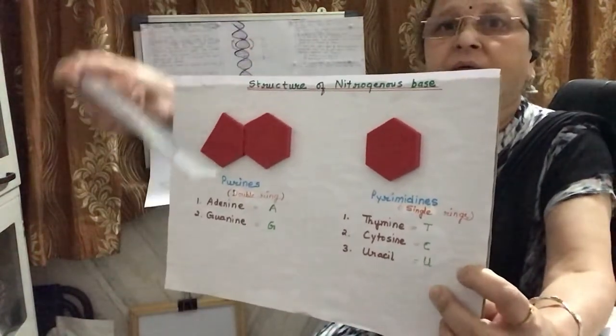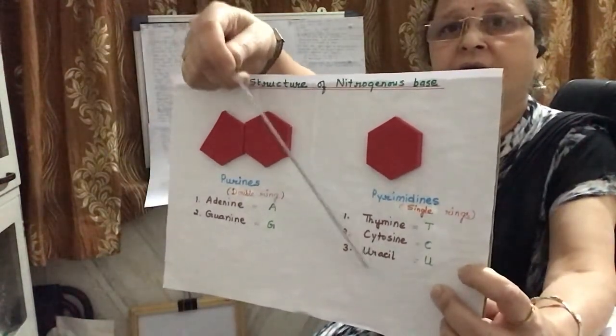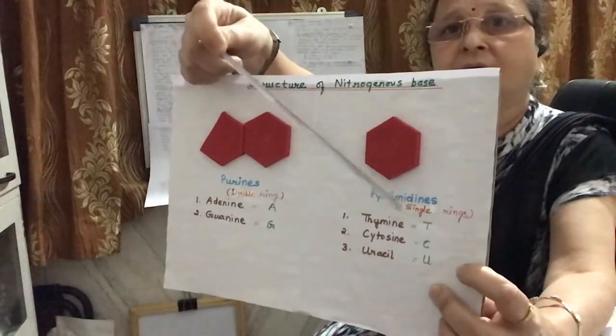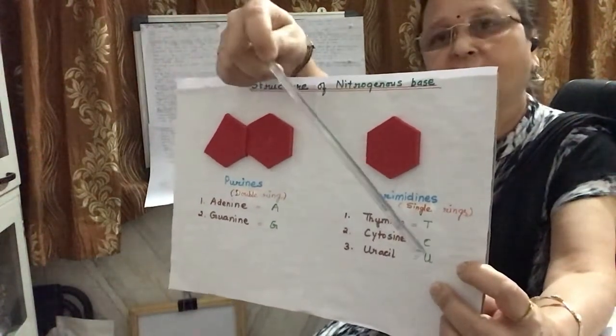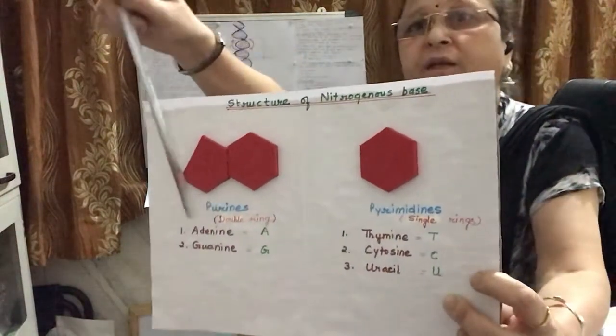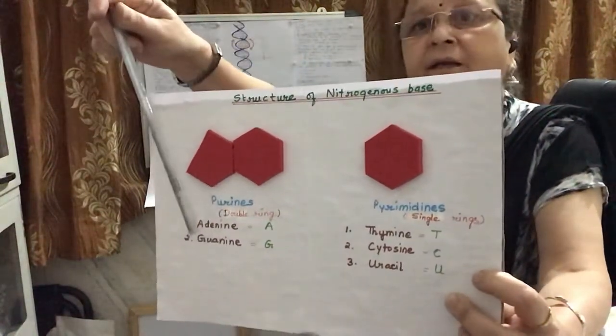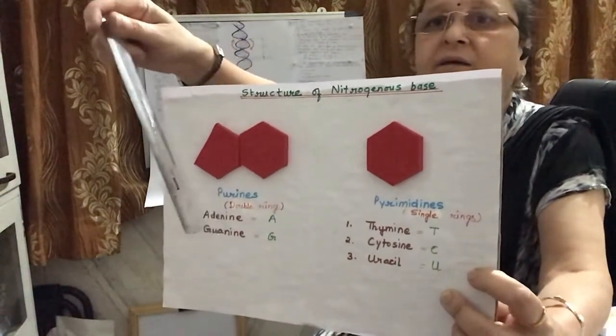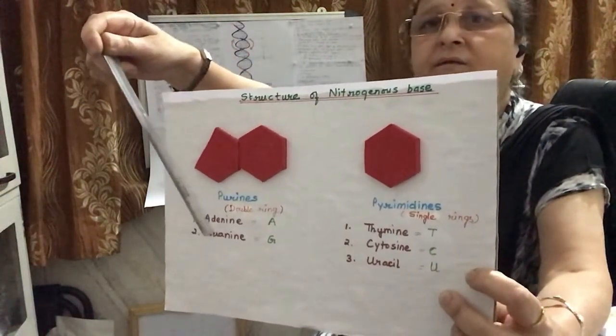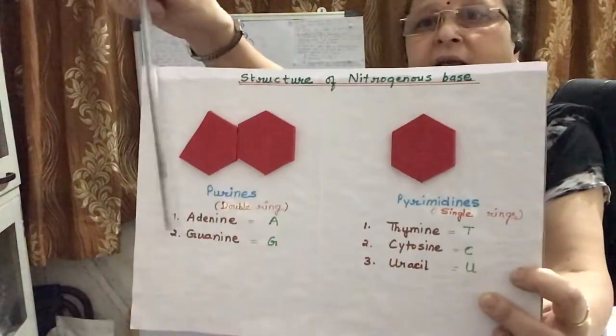Pyrimidine has 3 types: thymine by T, cytosine by C, uracil by U. But purine has only 2: adenine represented by letter A and, see here, guanine represented by letter G. So these are the bases.